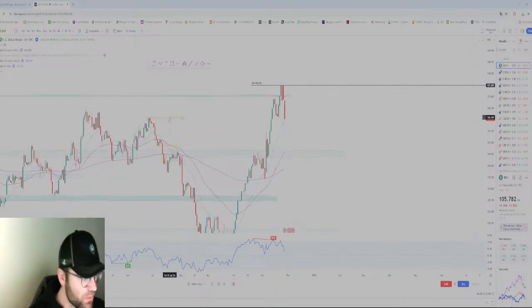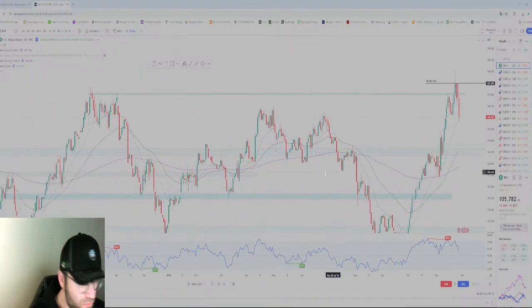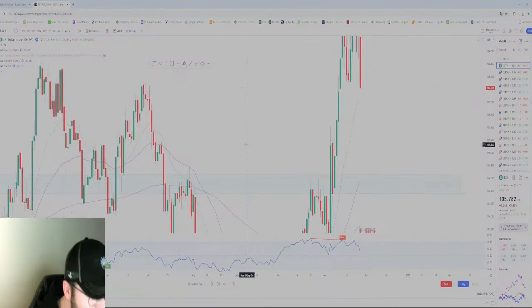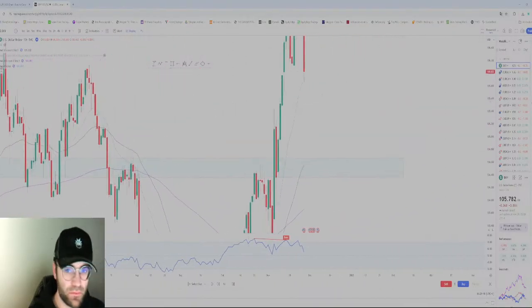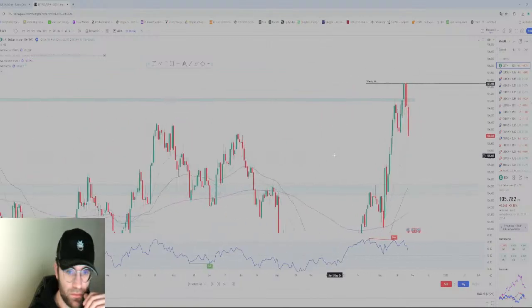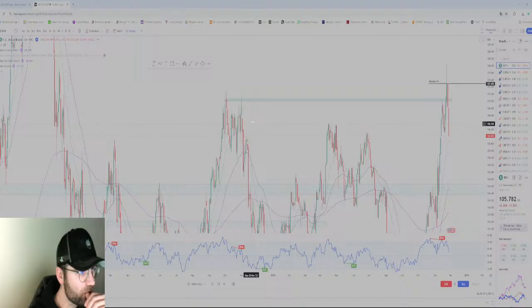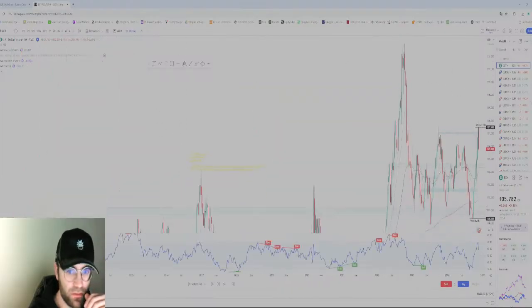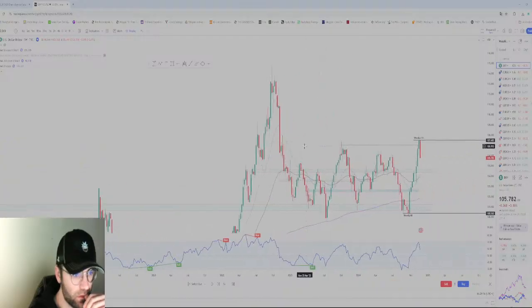Still has some drawings from when I used to trade with, what's it called? Dark setting. Okay. Let's see if the areas of interest are actually still solid. Let's look on the weekly.